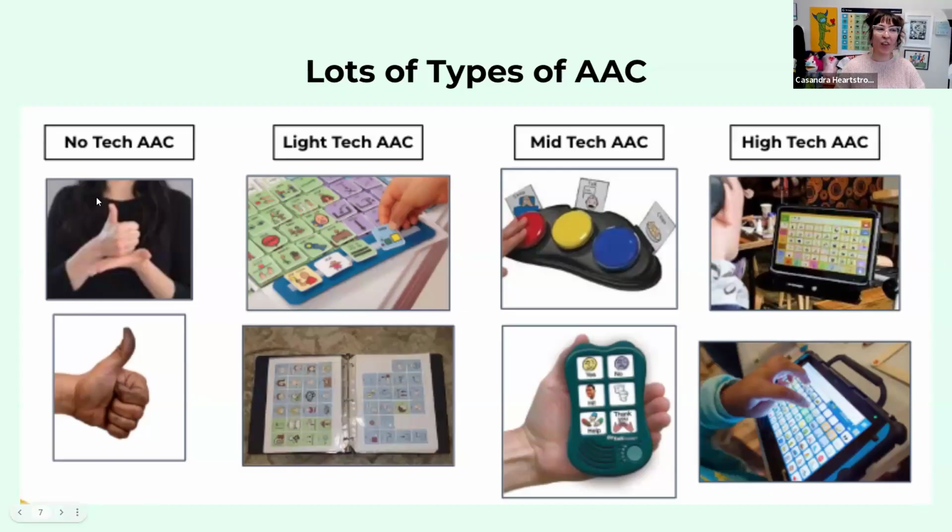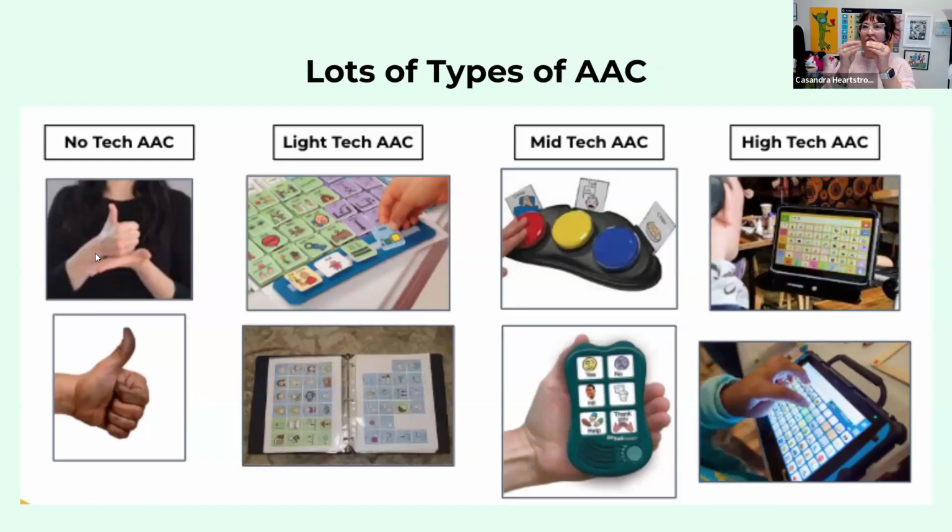I totally agree. But there are places for it. For instance, with no tech, when I say signs, I usually mean in the AAC perspective, using a few signs for getting our basic needs met, like more and want and stop, which is different than pure ASL, which is like a complete language.